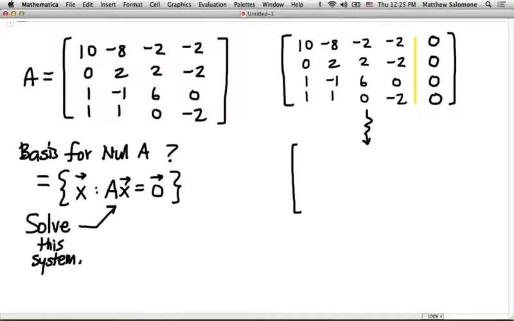So the first row was 1, 0, 1, 1. Sorry, yes, 0, negative 2. Then 0, 1, 1, negative 1. And then 0, 0, 1, 0. Okay, 0, 0, 16, 0.